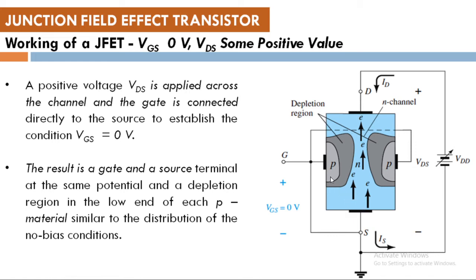So there will not be a massive change in the depletion region at the bottom, rather a massive change at the top, because the N channel top side is getting more positive with respect to the grounded P.